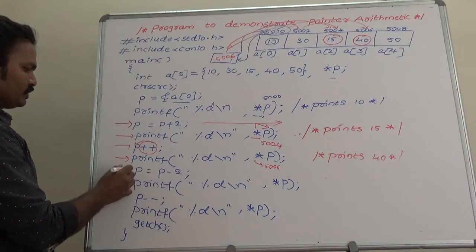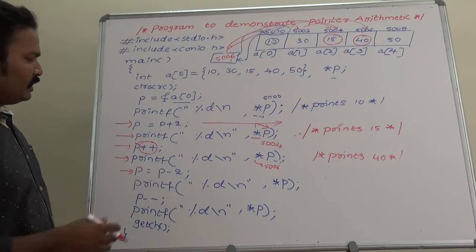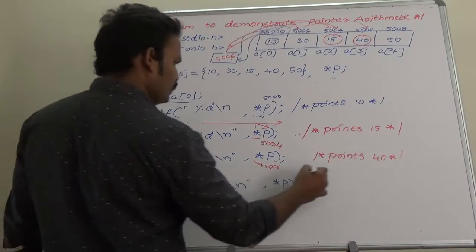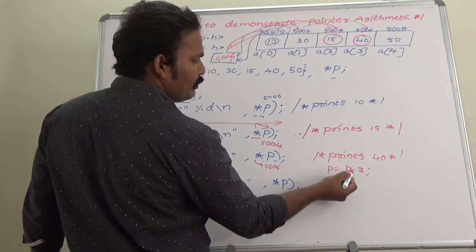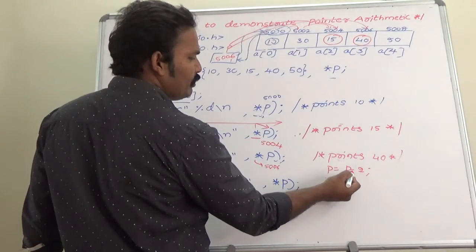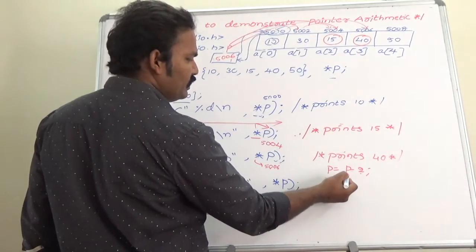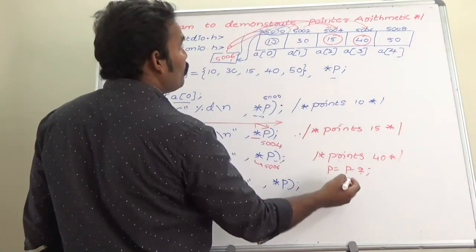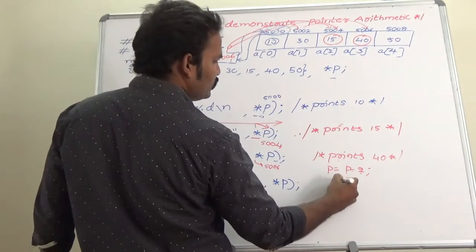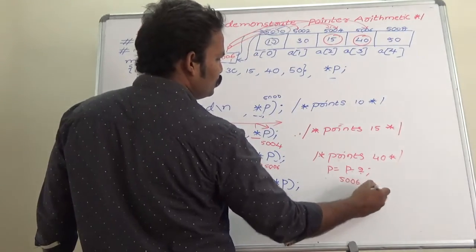Next execution control executes the next following statement, p is equal to p minus 2. Here by applying subtraction of 2 to the pointer variable, what is the p value? 5006 minus 2.